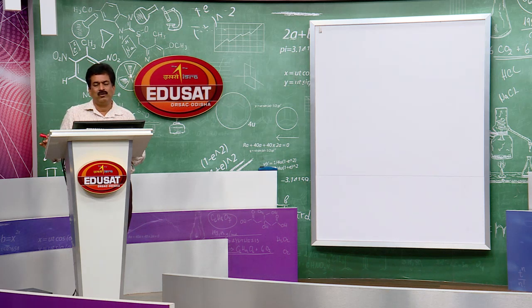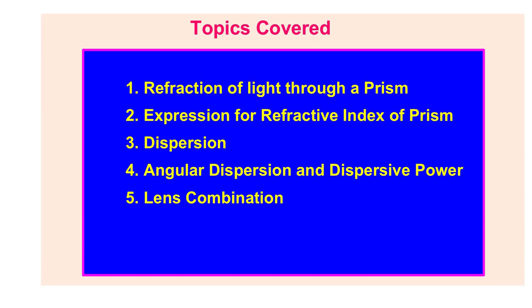Today we are going to discuss the refraction of light through a prism, expression of the refractive index of the prism, dispersion, angular dispersion, dispersive power, and lens combinations. Regarding this we will discuss today.